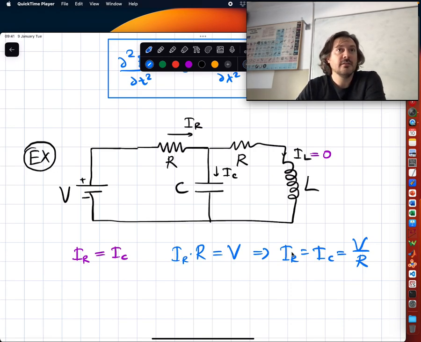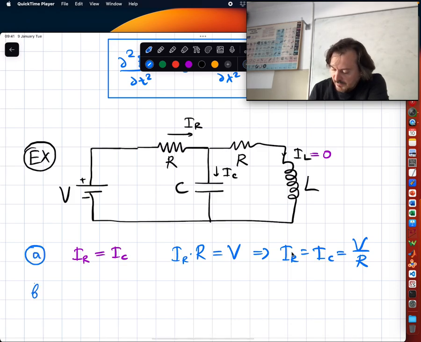And that's it. There are two parts. Part A, 12 points, this, and you are done with this. Part B, charge on the capacitor. So that was part A. Part B is at t equals infinity. What is Q?